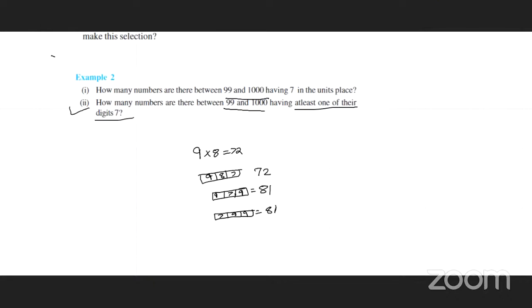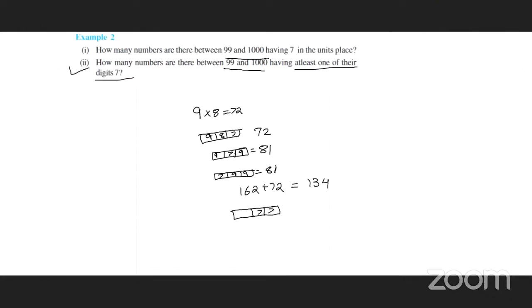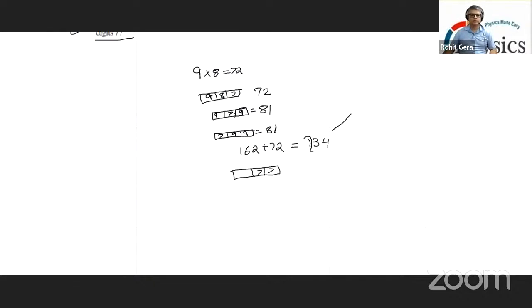So it would be 162 plus 72, which is 234. Slightly better. I think we were getting a very high figure. Yes, 234. Okay. Now 2 digits. So this will be 29 or 30 we got, right?